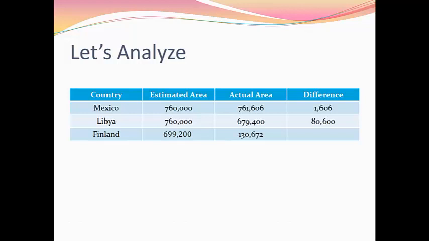Libya, we're off by about 80,000, not too bad. Finland, however, we're off by a considerable amount, almost 570,000 square miles. Keep in mind that Libya, the one where our difference was smallest, was the country at about the same latitude. Finland, the one where our estimate is off by a considerable amount, was at a much different latitude.